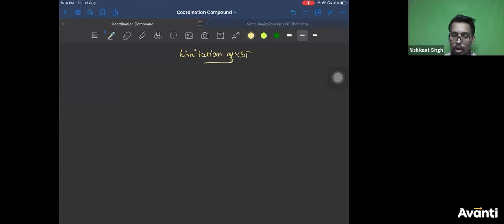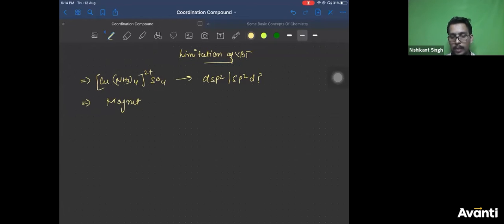VBT was not able to explain the structure of this molecule, copper tetramine 2+. Why it is dsp2 or sp2d was not explained by VBT. Then according to VBT, when you calculate magnetic moment, the magnetic moments came out to be different for some complexes.